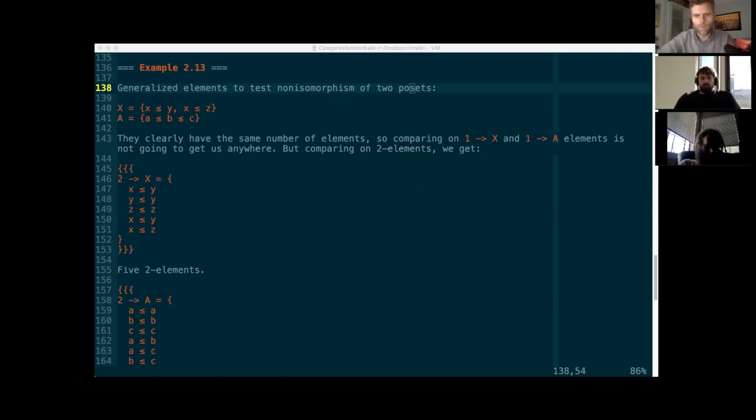One of them contains X and Y and Z, where X is less than or equal to Y, and X is less than or equal to Z. And then the set A, which has A, B, and C, which are in order: A is less than or equal to B, is less than or equal to C. Right? So that's on page 37.